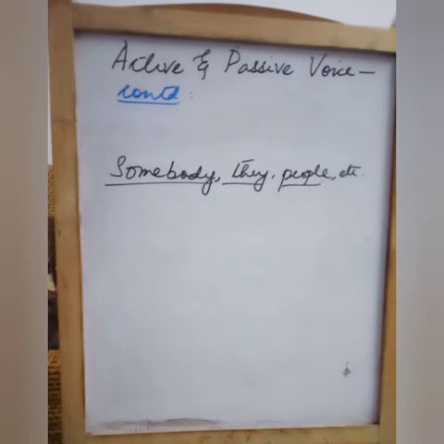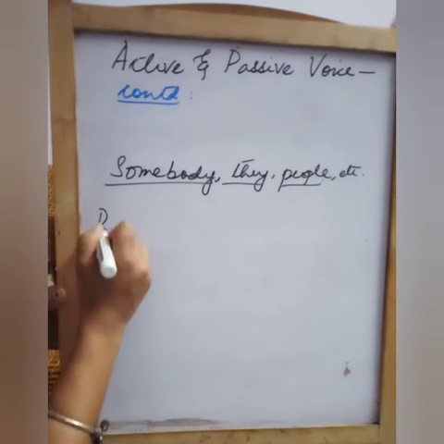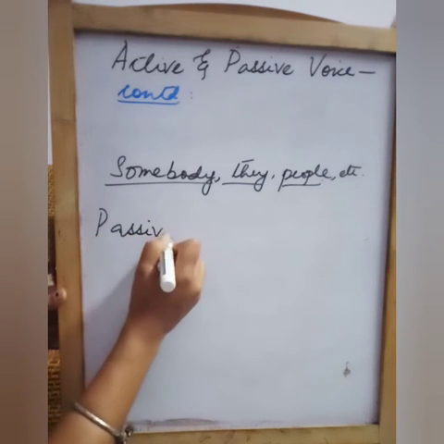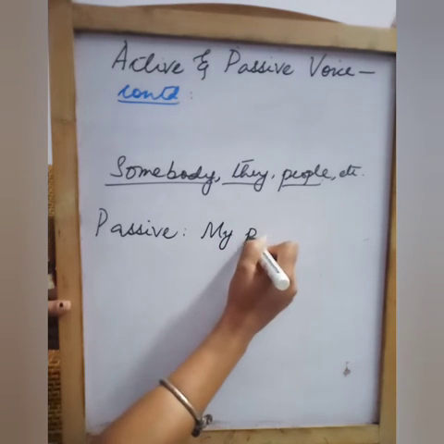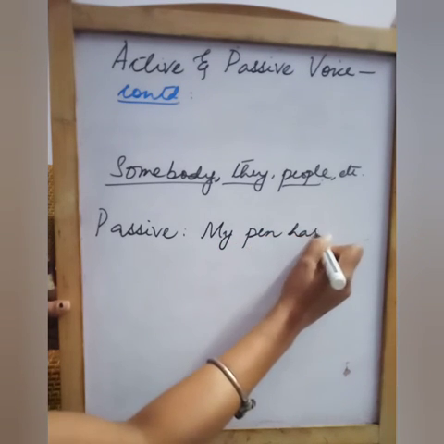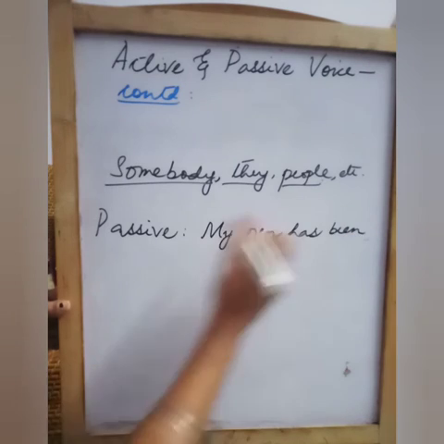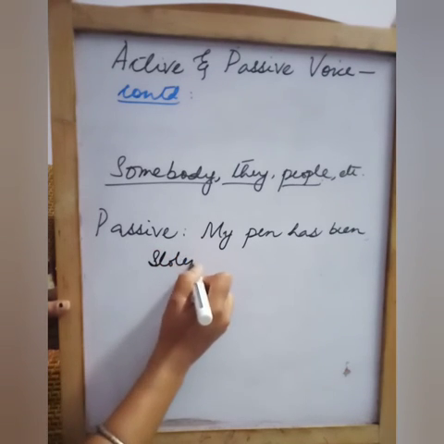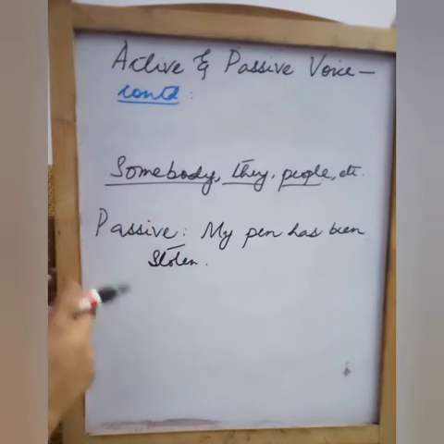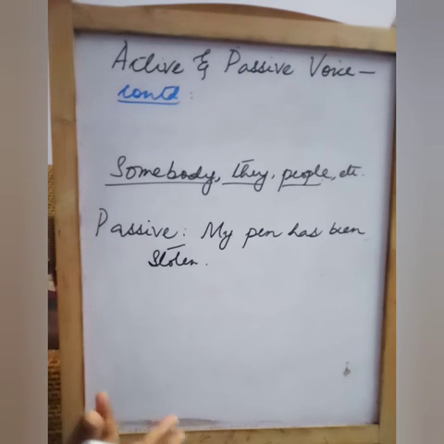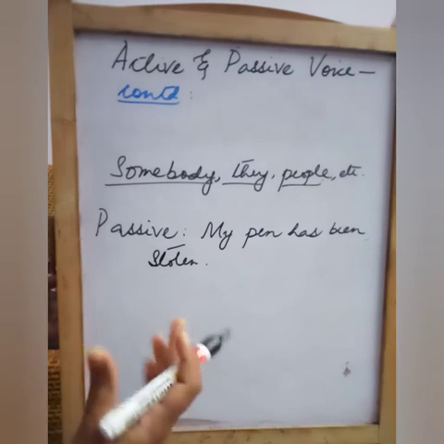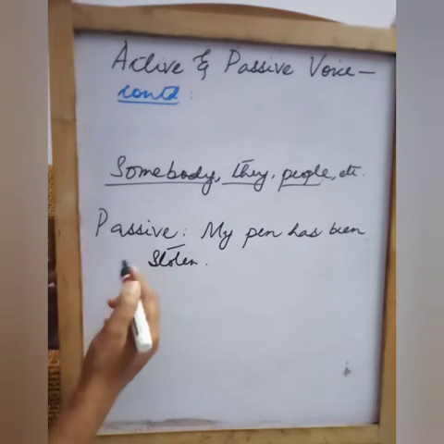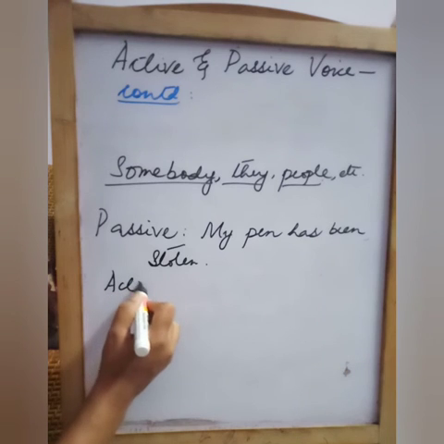So suppose I want to give you an example. I can write a sentence in the passive voice first. Suppose, my pen has been stolen. Fine. So see here, I have written, my pen has been stolen. By whom? It is not clear, isn't it? This is in the passive voice. Who has stolen it? It can be anyone. So what will be the active form of this sentence?